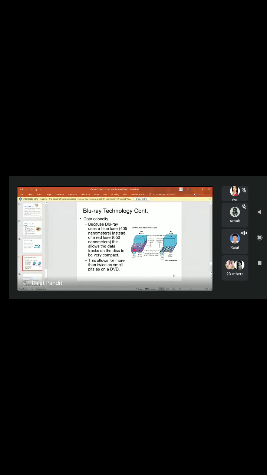You see, for data capacity, Blu-ray uses a blue laser of 405 nanometers instead of a red laser of 650 nanometers.